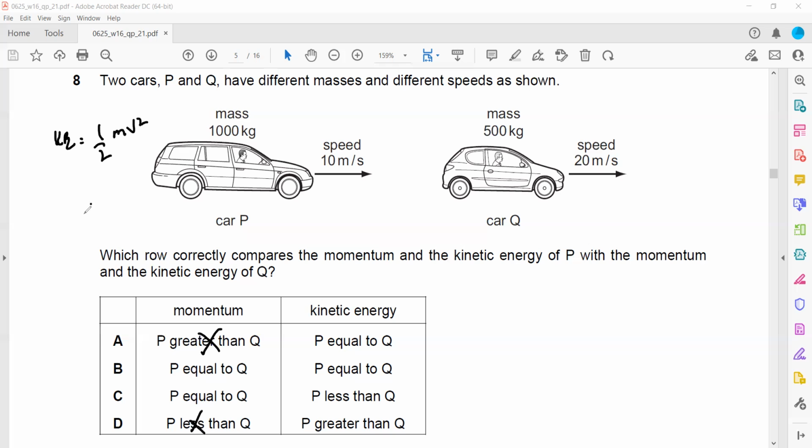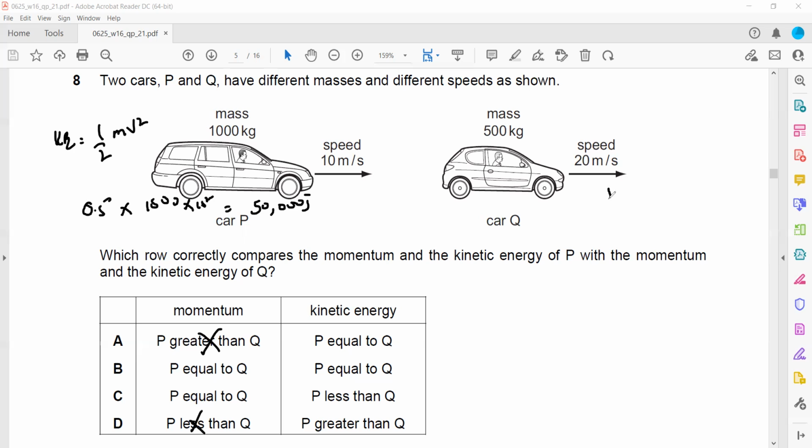Half, 1 by 2, is 0.5. m is the mass, which is 1000. So 0.5 multiplied by 1000 multiplied by 10 squared is equal to 50,000 joules. That is the kinetic energy of car P.